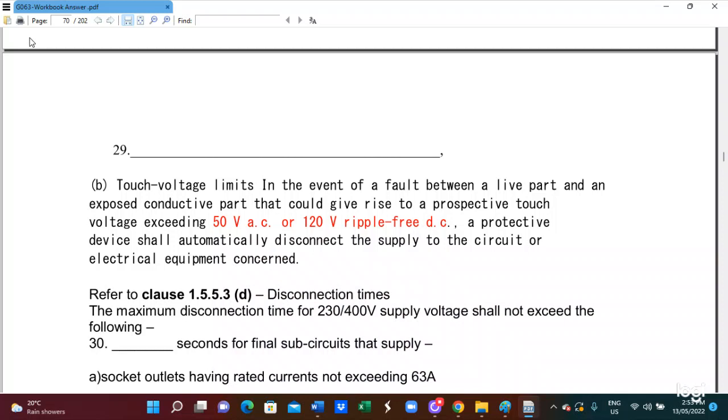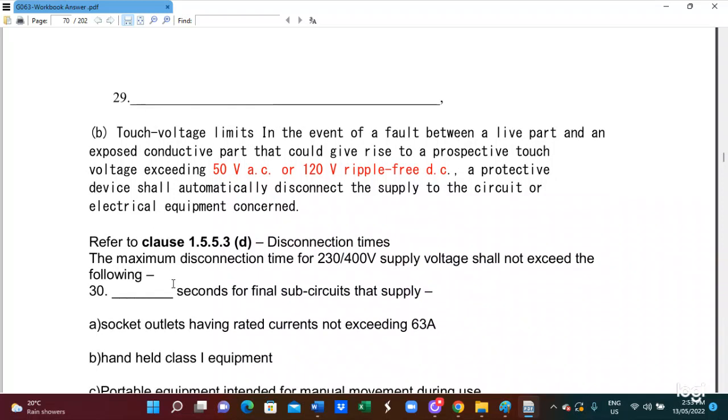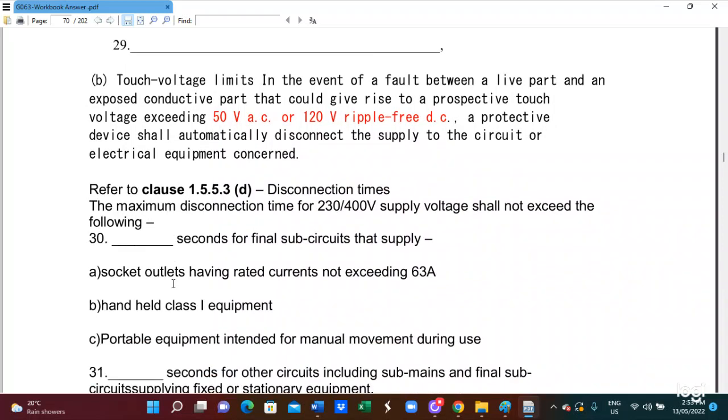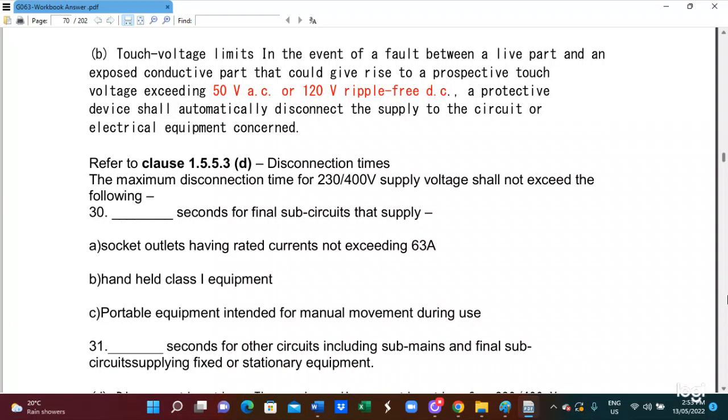So touch voltage limit: in the event of a fault between the live part and the exposed conductive part that could give rise to a prospective touch voltage exceeding 50 volt AC or 120 volt ripple-free DC, a protective device shall automatically disconnect the supply to the circuit or the electrical equipment concerned. So in this case, we are talking about clause 1.5.5.3. Clause D is the disconnection time. The maximum disconnection time for 230 volt, 400 volt, must not be more than the AC values.